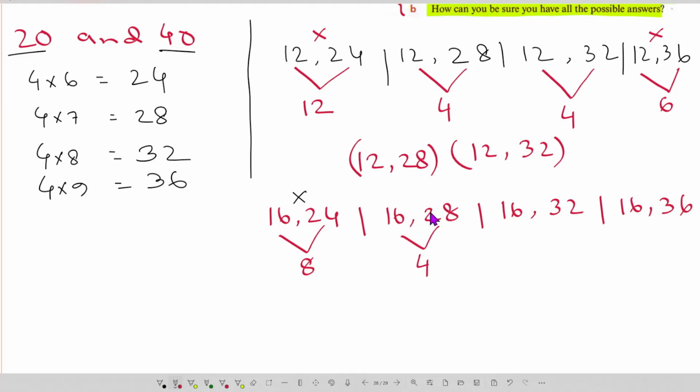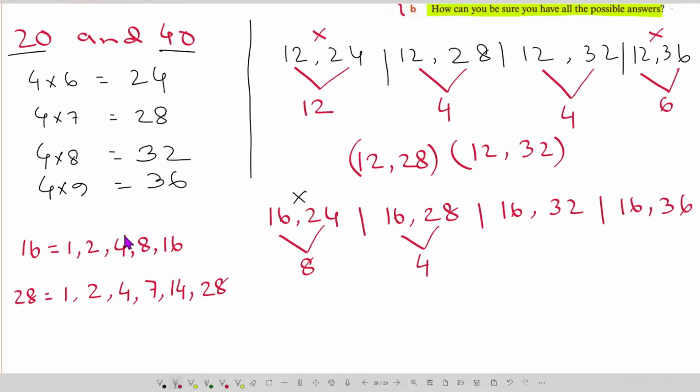But how about the others? If we consider 16, what are the factors? 1, 2, 4, then 8, then 16, right? Similarly 28: 1, 2, then what next? 3 is not possible, 4 is possible, 4 times 7 is 28, then 5, 6, 7, 8, 9, 10, 11, 12, 13, 14 and 28.